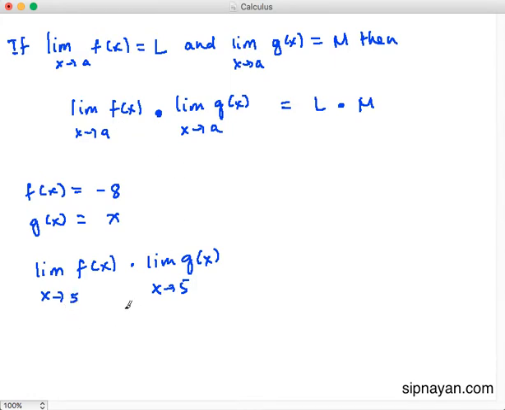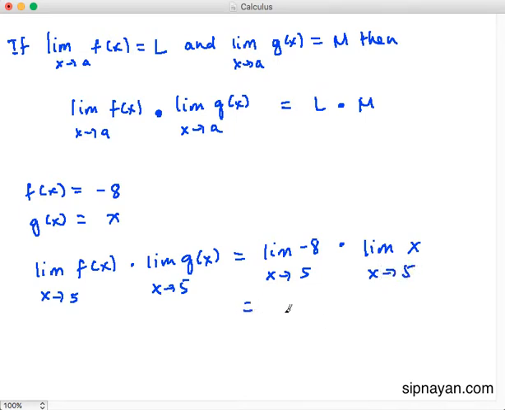No? Okay, so we have, this is equal to, what is our f of x? The limit of negative 8 as x approaches 5 times the limit of x as x approaches 5.